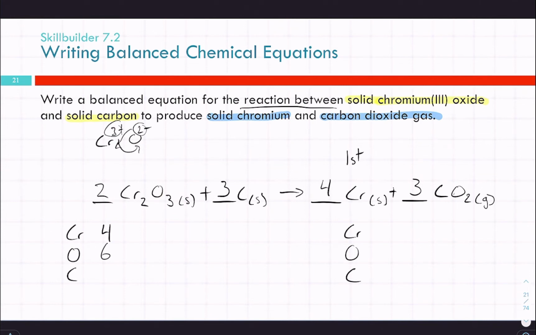And then for carbon, it's 3 times the 1 carbon, so 3. Then on the right side, we have 4 for chromium. That one's easy because it's by itself. Oxygens, we have 3 times the 2 oxygens in every carbon dioxide. So 6. And then 3 times the 1 carbon in carbon dioxide for 3. So 4, 6, and 3 on both sides.